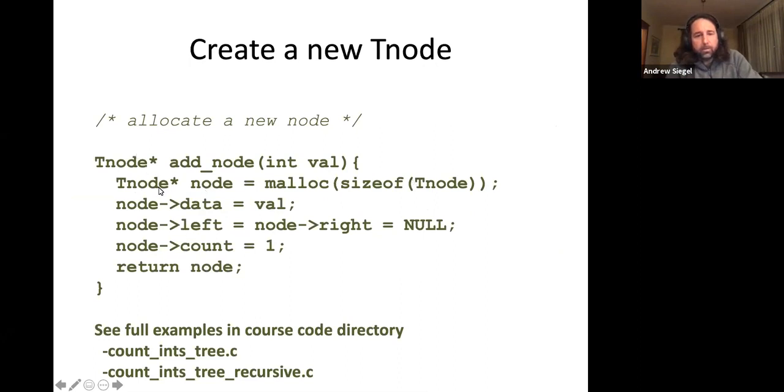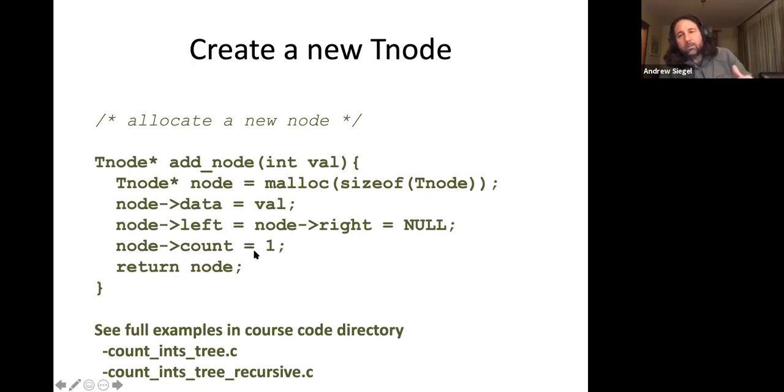So this is just my regular malloc. I'm going to set the data to whatever value I want to create this T node to use. And then I'm going to set the two children to null. That's an indication that it's a leaf node. That'll be my convention. That's a natural convention. And then I'm going to say, after I create this node, that the count is one.